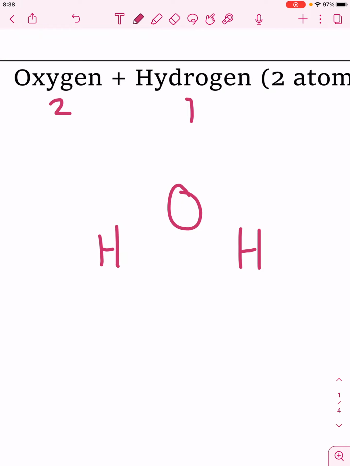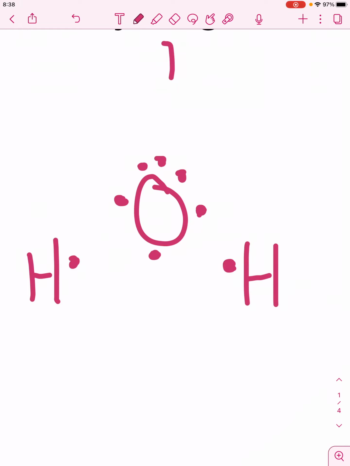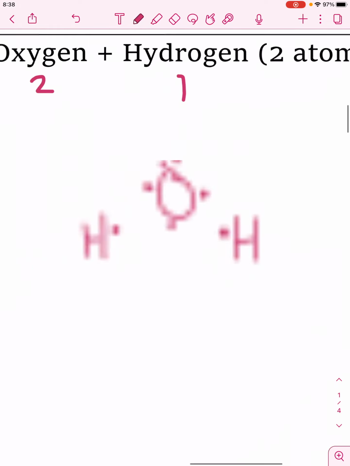So in terms of your valence electrons, we have 1 each for hydrogen, and then 6 for oxygen. So 1, 2, 3, 4, 5, 6. Sorry, my dots are not the greatest here. Okay.